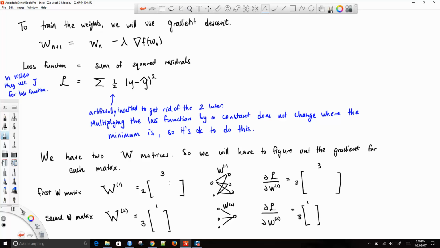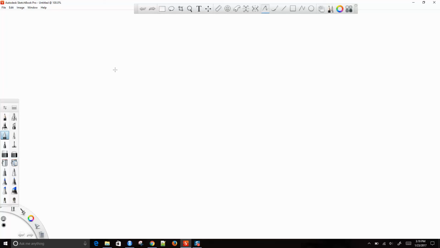So if I may flip the page here, that's what we'll do. Because W2 is closer to the end, we will find the derivative of the loss with respect to W2 first.